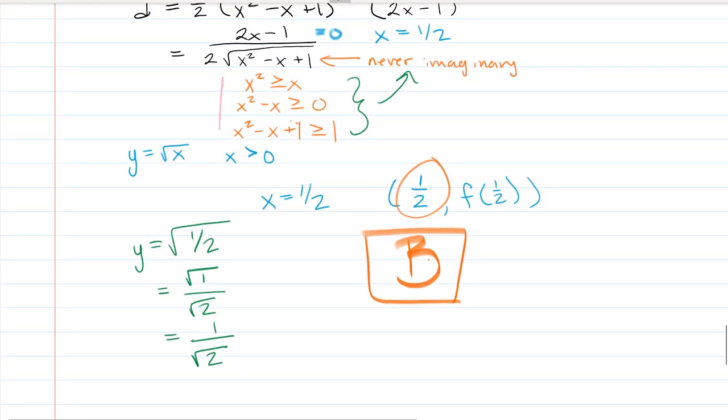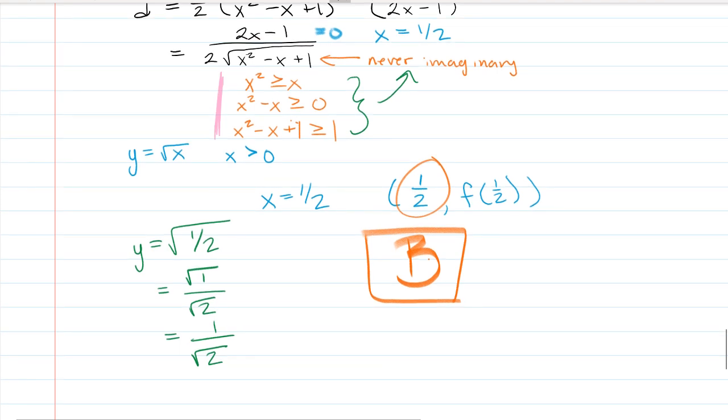What's in orange here? Oh, well, this is just me saying that x squared is always bigger than x. So if you take the difference of them, it's always going to be 0 or bigger.